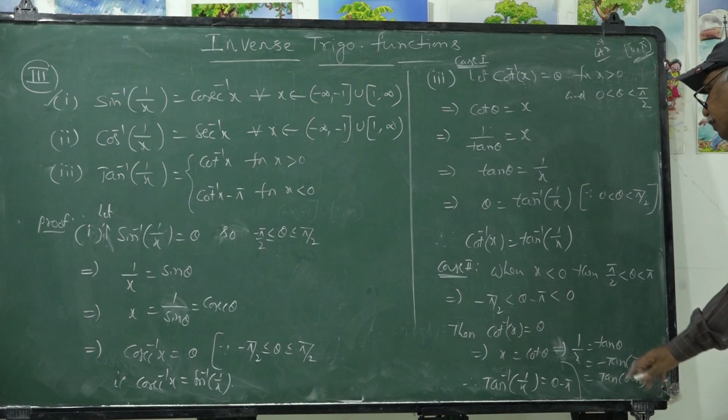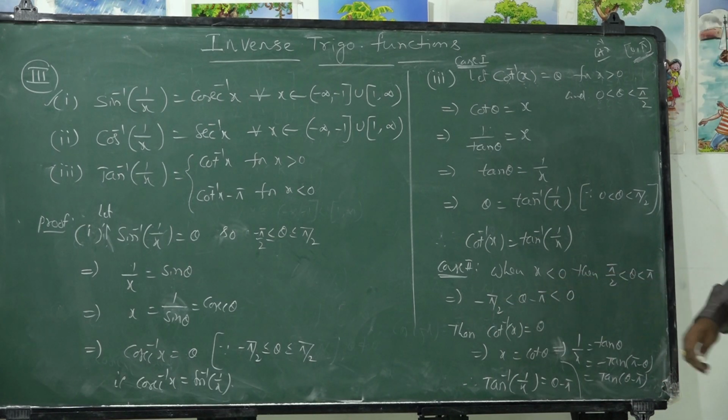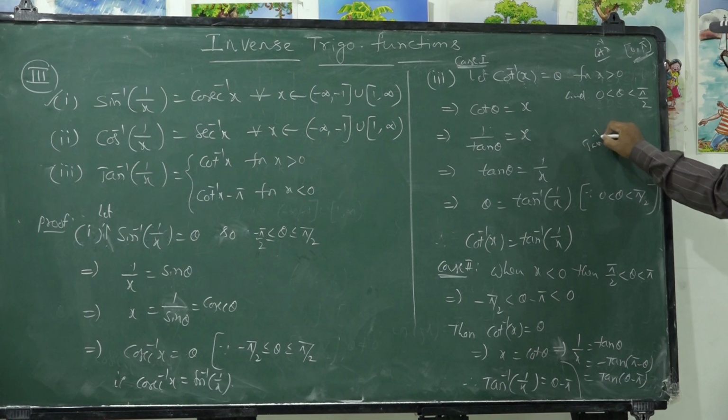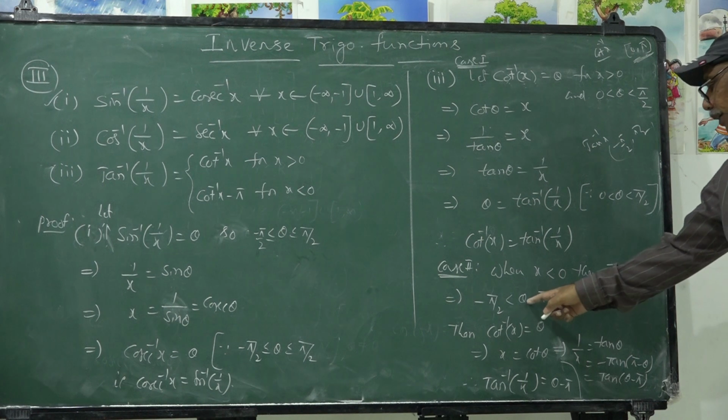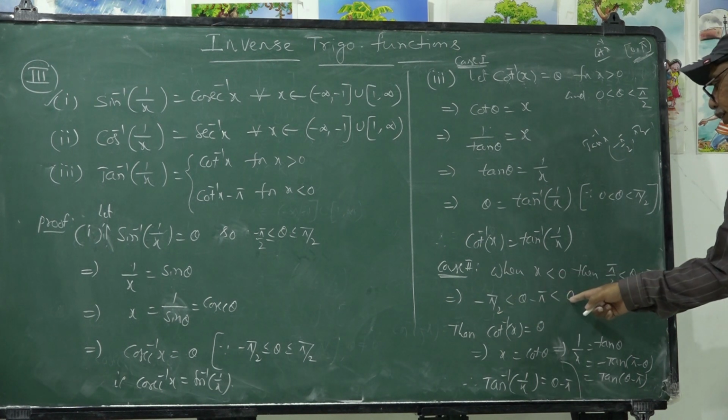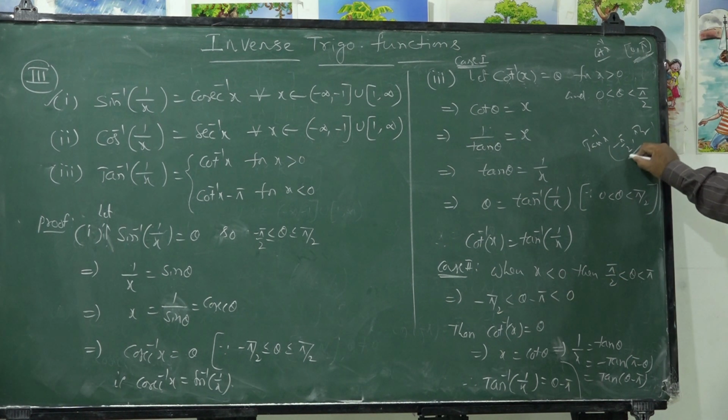Here theta minus pi lies between minus pi by 2 to 0. Since the tan inverse function lies within minus pi by 2 to pi by 2, this is a sub interval of minus pi by 2 to pi by 2.